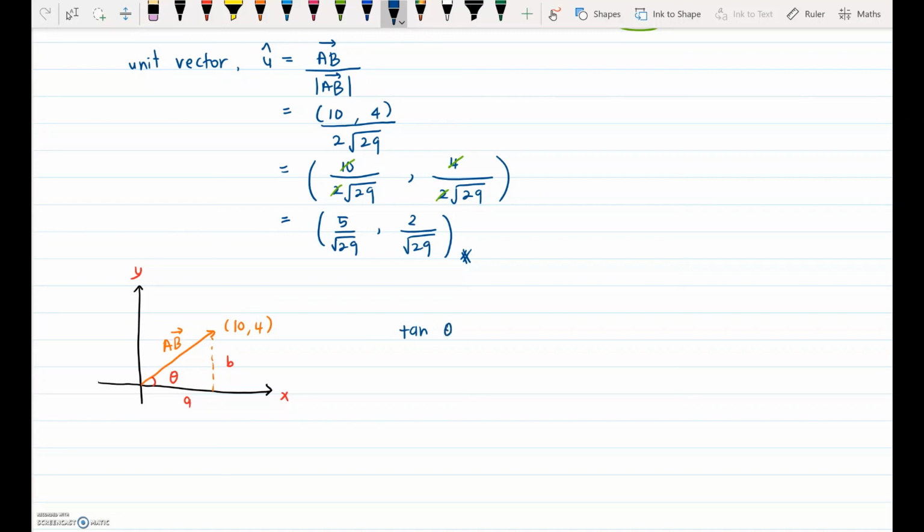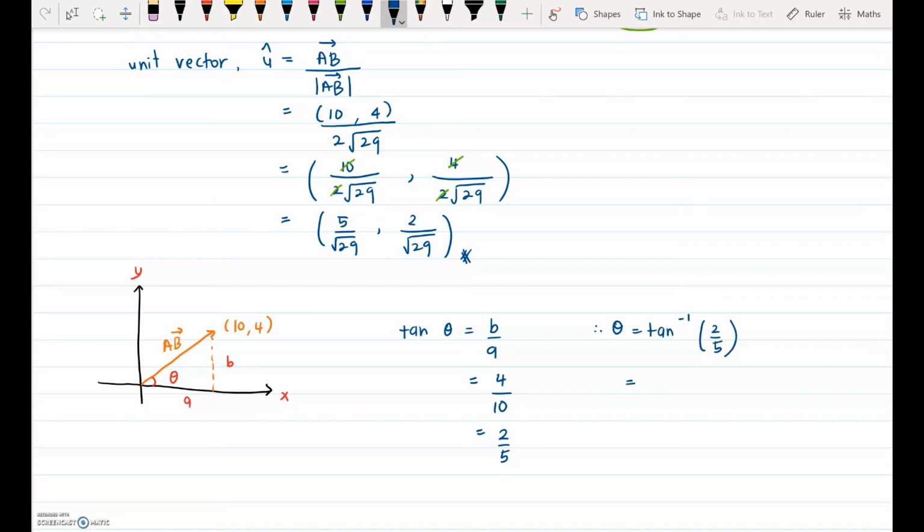The formula that we will use is tangent theta equals B over A, opposite over adjacent. So here your B is 4, which is for y, and your A is x, 10. Which means tangent theta is 2 over 5. So your theta will be the inverse tangent of 2 over 5.